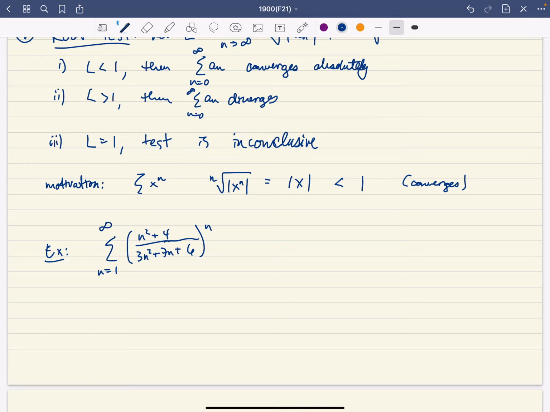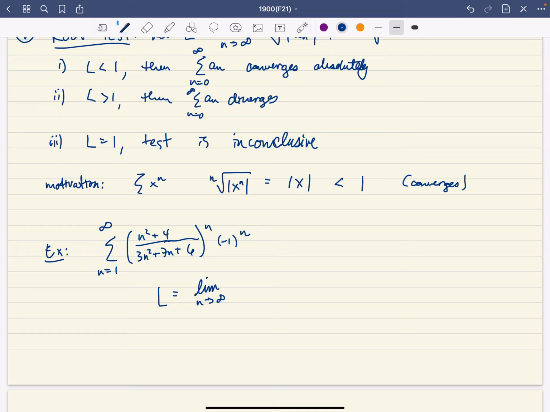The reason why the root test is nicer is that we're taking the nth root of the terms. And so if there's an nth power, then those will just simplify. And so here, L from the root test is going to be the limit as n goes to infinity. And I forgot a -1 in there. Let's add a -1 to the n just to make it slightly interesting.